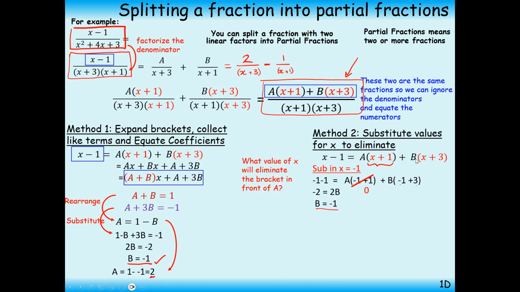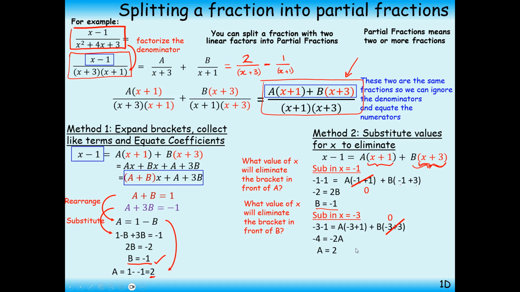Then we can ask ourselves what value of x will make the second bracket 0. Think carefully. This bracket here, x can be what? x can be -3. So we assume that x is -3 and substitute it on the left as well. -3 minus 1 is -4, and this bracket will be 0. Therefore, -2a is equal to -4.